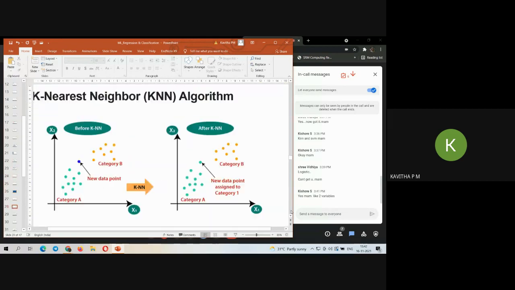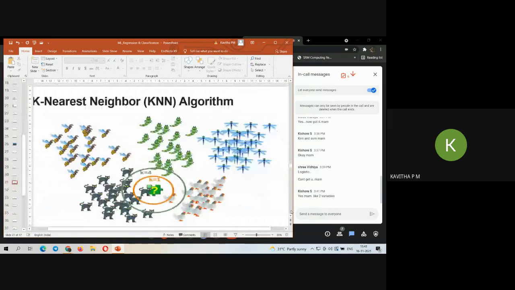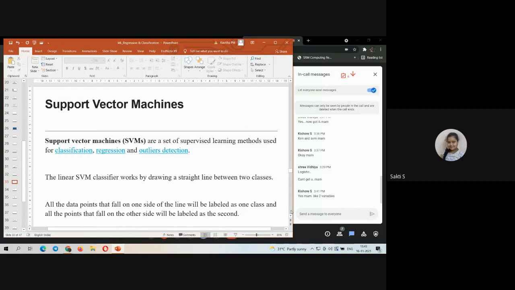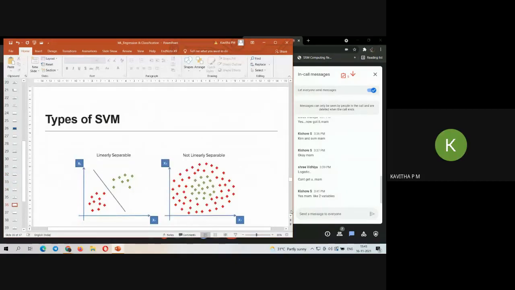I'll teach you in the hands-on session how this concept comes under the classification problem. Just remind me if I forget to explain how this comes under classification.